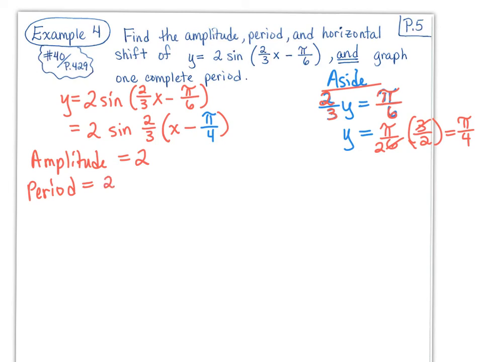You would take 2 pi and divide it by 2/3, which is the same thing as 2 pi times the reciprocal of 2/3, which is what? 3 halves. Yes, you get 3 pi, because your 2's cancel. Good. What is your horizontal shift? Your horizontal shift is pi over 4.